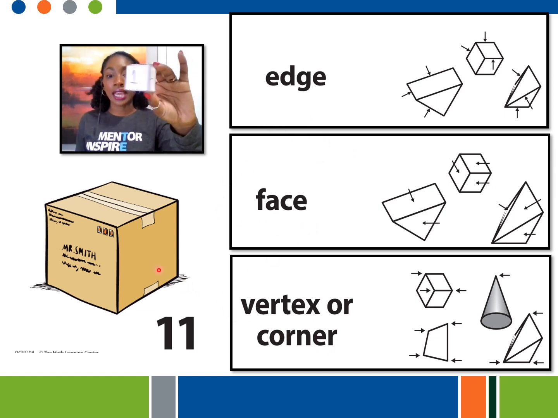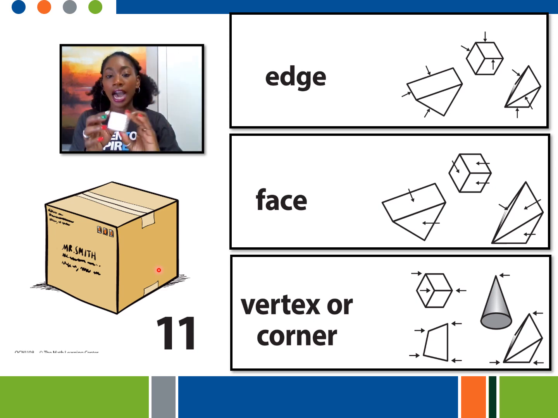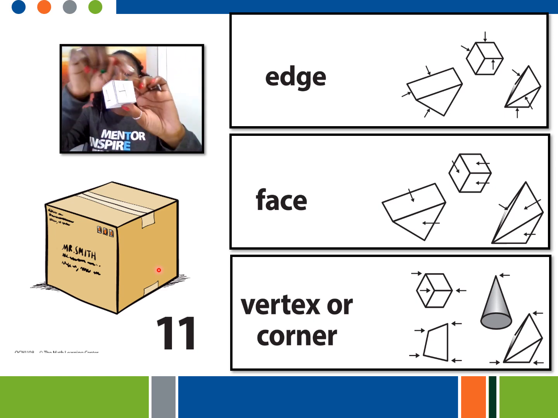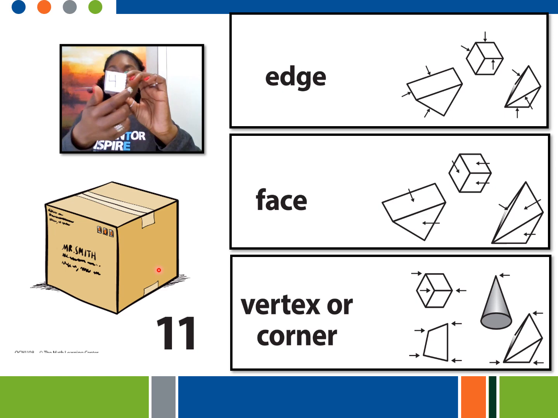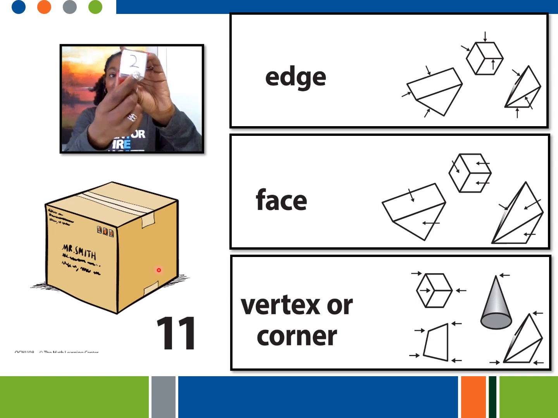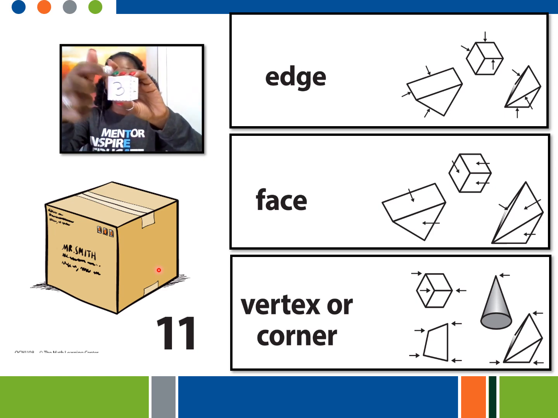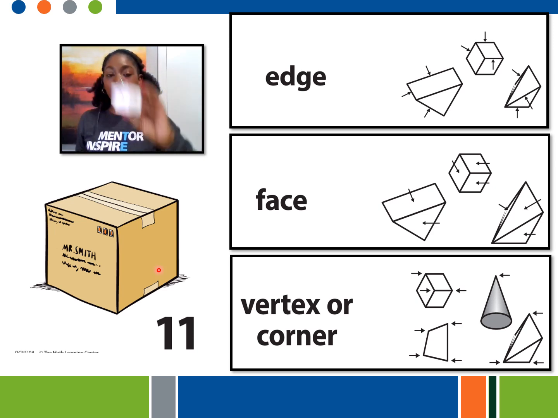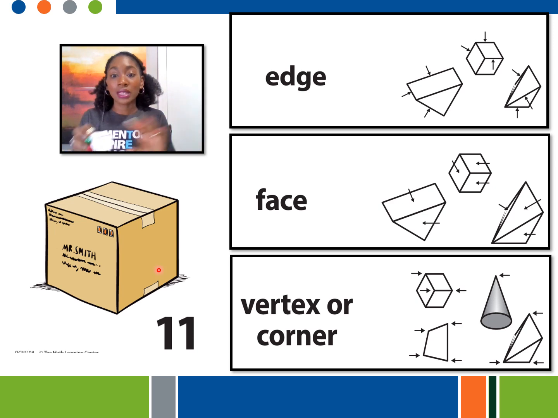Let's go ahead and count the edges on our cube here. And we have 1, 2, 3, 4, 5, 6, 7, 8, 9, 10, 11, 12. There are 12 edges on the cube. And let's count our faces. Even though we have them labeled, it's still always good practice.